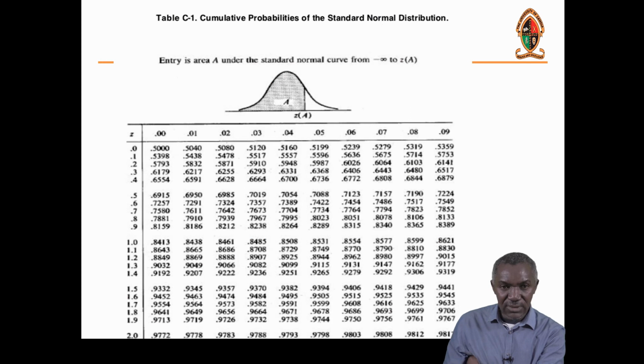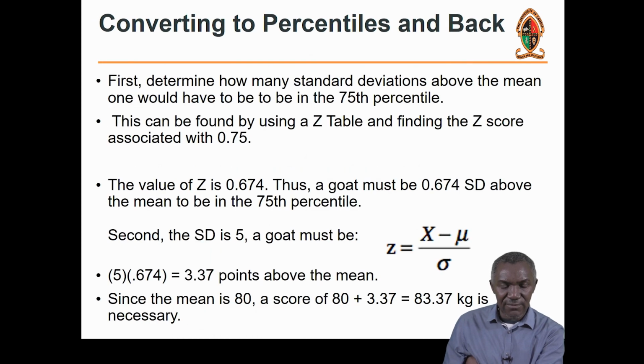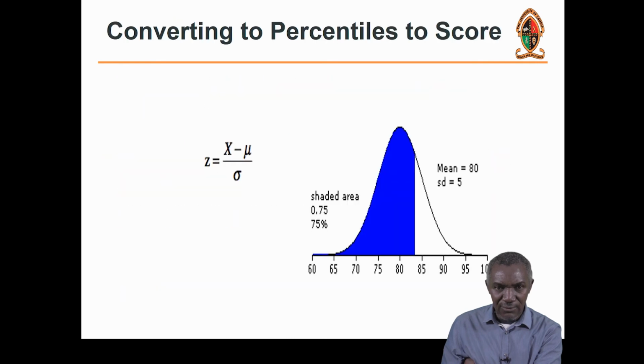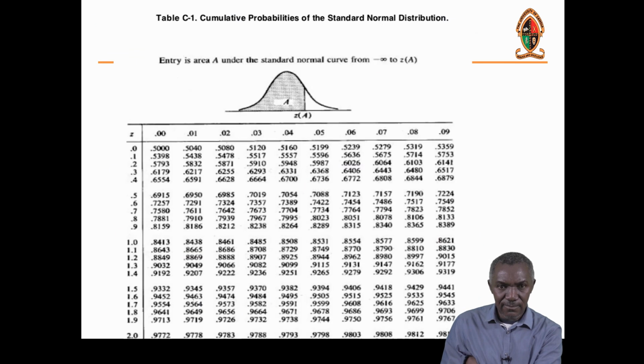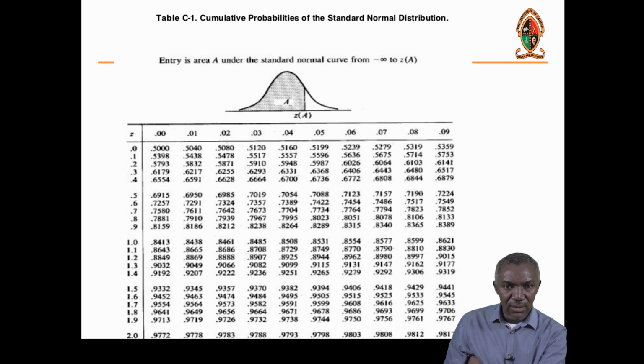Our z-score is 0.674. I want to show you how we get this 0.674 from the table.